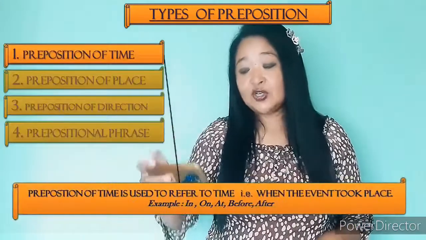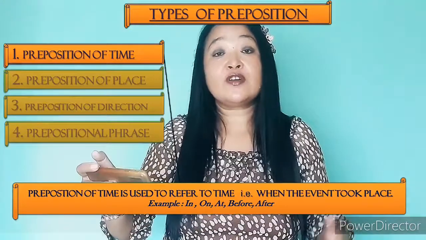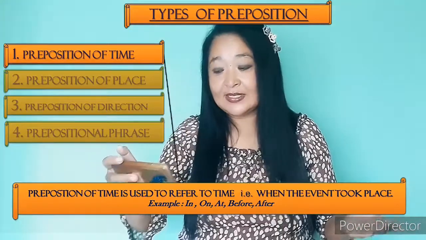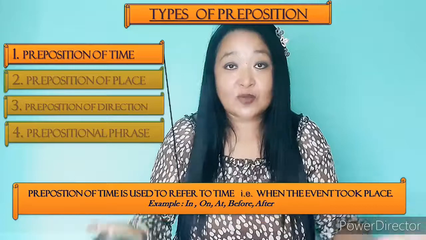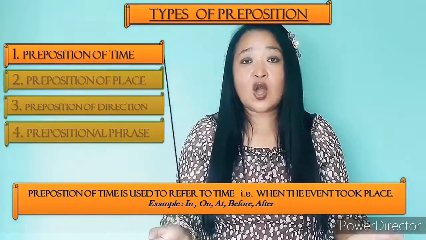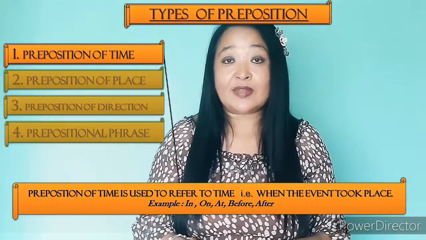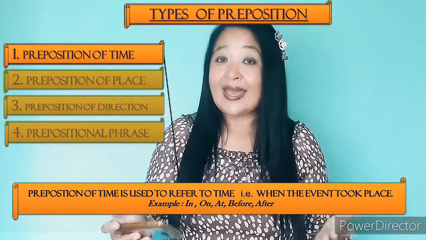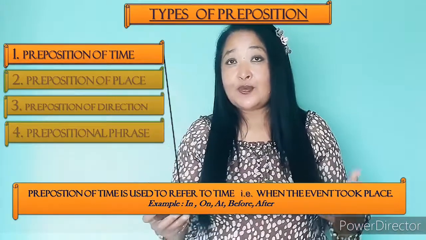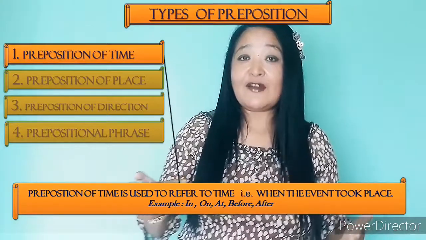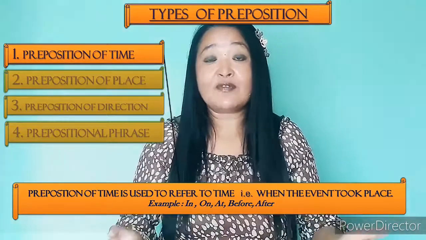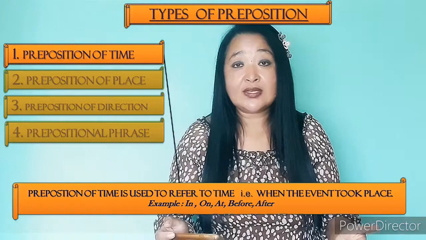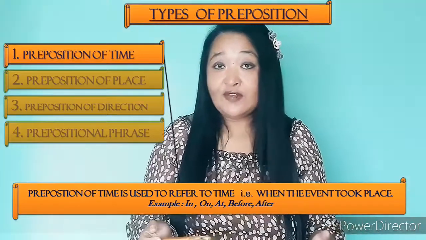A preposition of time is used to refer to a time, that is, when the event took place. What are the commonly used prepositions of time then? Well, they are in, on, at, before, after.